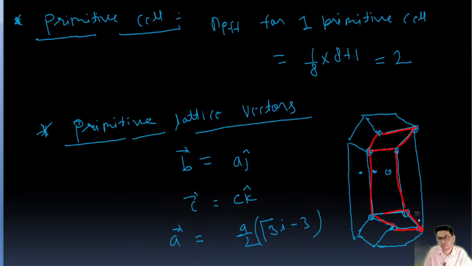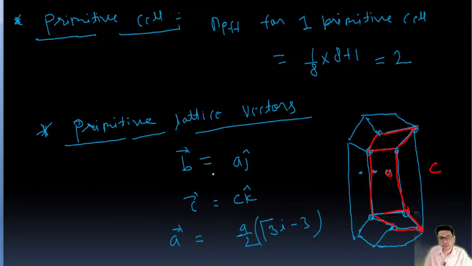So this is at face side. It is at center. That's why there are 8 in the corner and 1 here. So this is the N effective for primitive. This is the primitive cell, guys, and the primitive lattice vectors are A equal to A j cap, and this is the height C, guys.